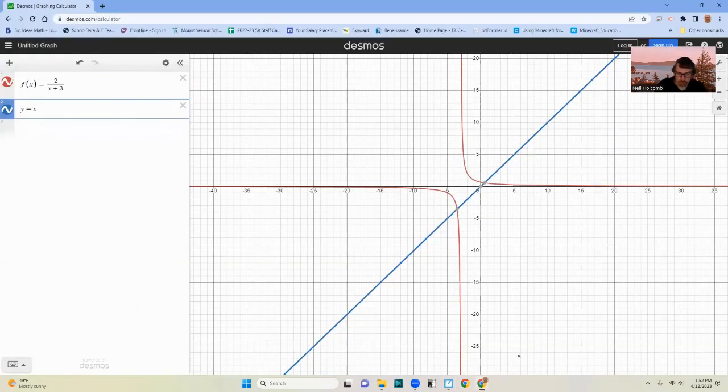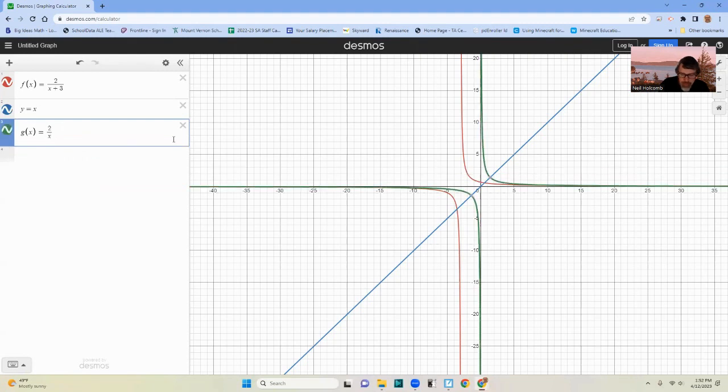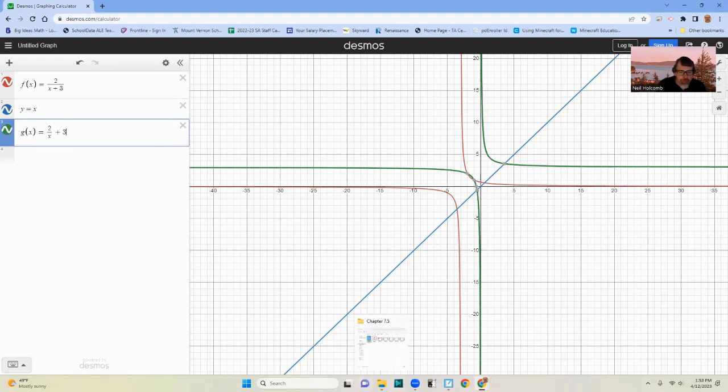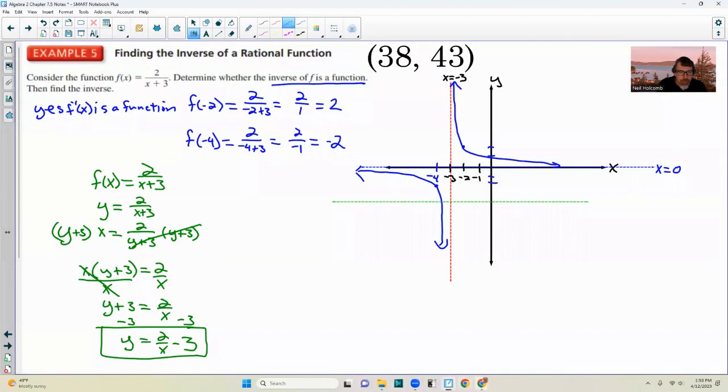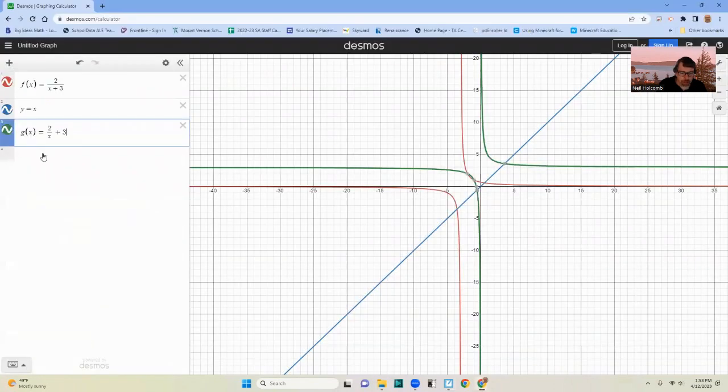2 divided by x, and then minus 3. So this is going to be a new function, and I'm going to call it g of x. It's 2 divided by x, and then was it plus 3 or minus 3? Minus 3. Okay, so I have to shift that down 3.